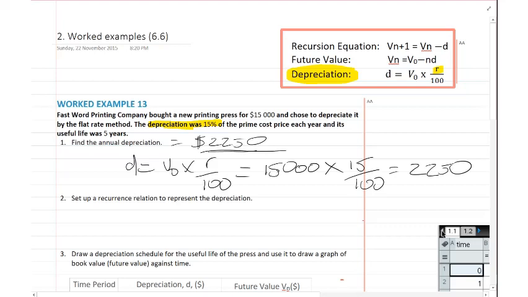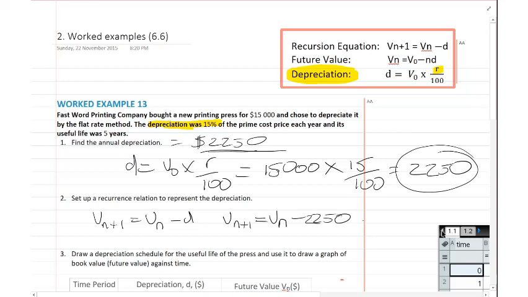The next bit was to write a recurrence relation for the flat rate depreciation. Remember our recursion equation is Vn plus 1 equals Vn minus D. Our Vn plus 1 stays as Vn plus 1, we go Vn here, but now we've got our value, 2250.